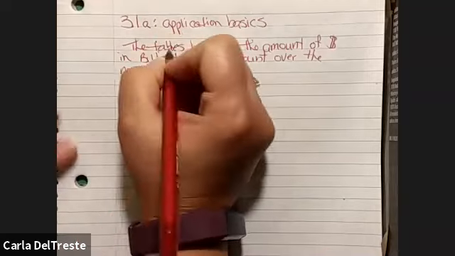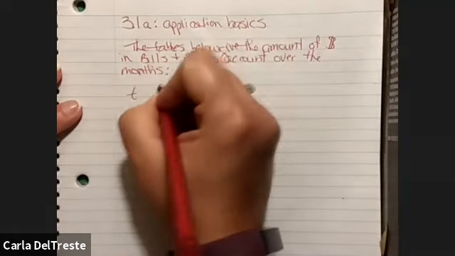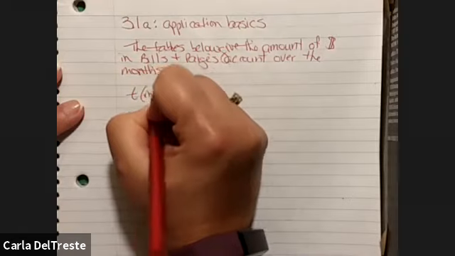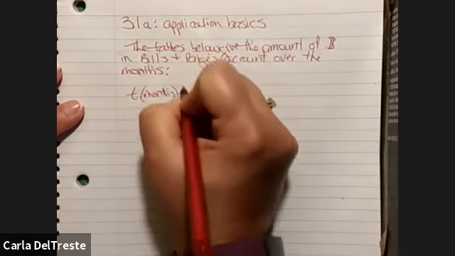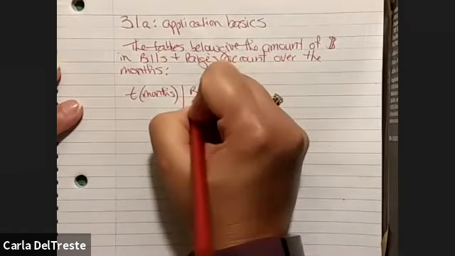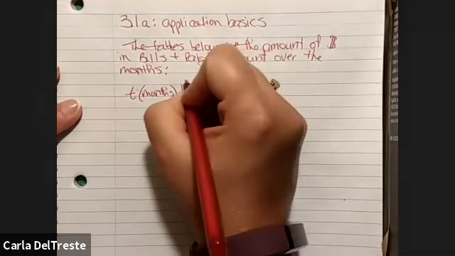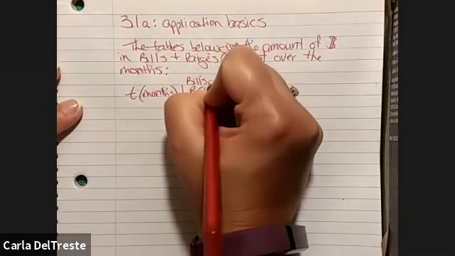And here are the two tables. So T, which is months, and B of T, which B is going to stand for Bill's. So this is Bill's account.